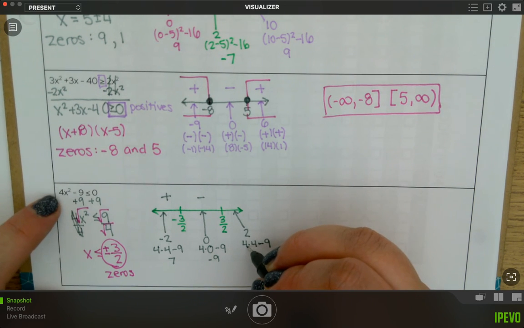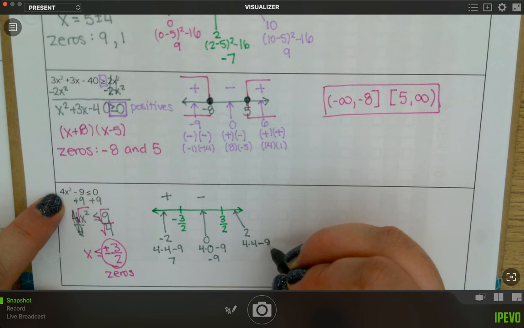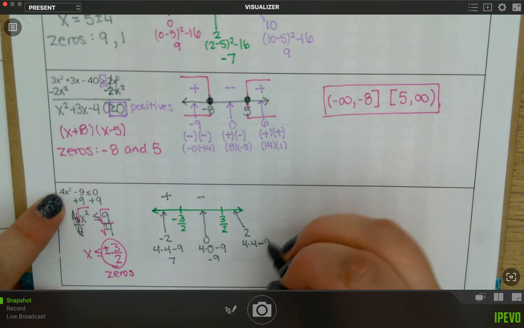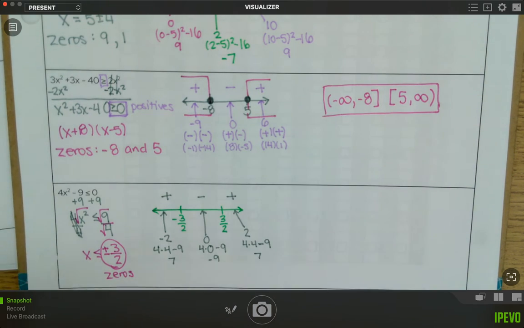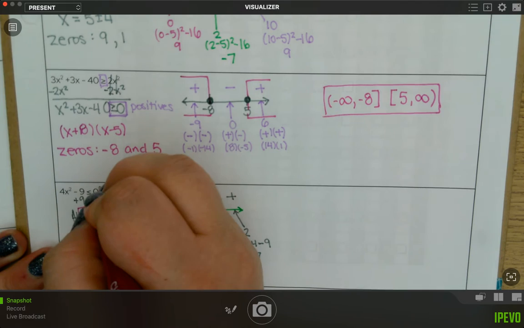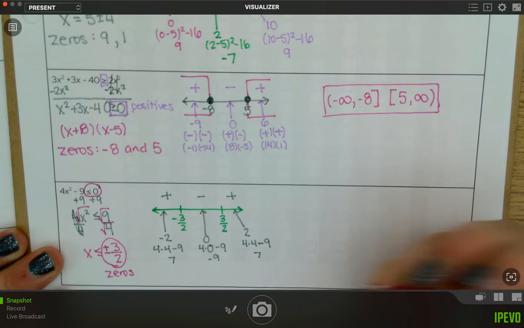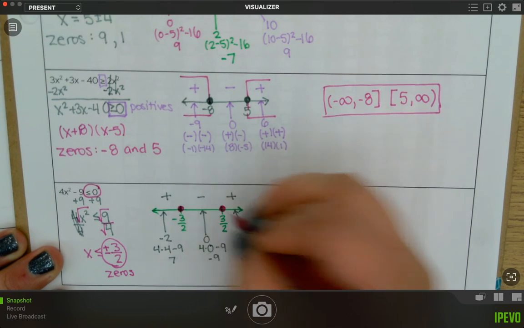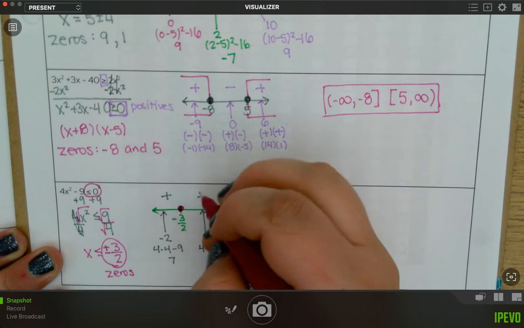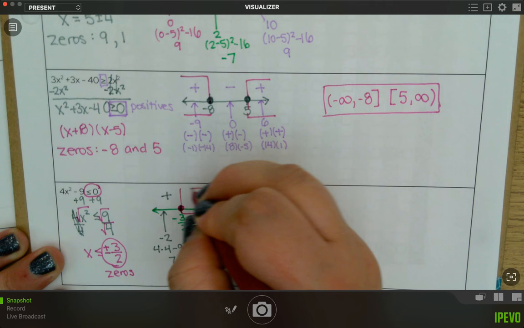This 4 is the 4 out front. This is 2 squared, and this is the -9 at the end. That's 16 minus 9 again, which is 7. That's a positive answer. Coming back to my problem, it said less than or equal to 0. So I'm going to use closed circles. And I want the negatives, which is this part right here.